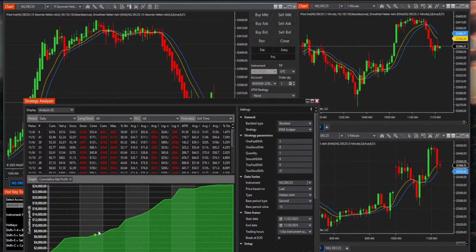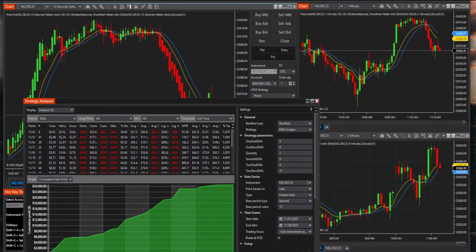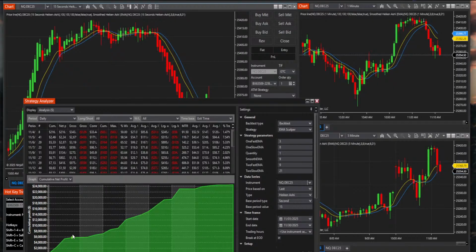This is for the whole month of November. If you look at the profit curve, it starts at 0, goes to 2,400, then up to 5,300. So right there, first week, you would have passed an eval. It's a little slow.